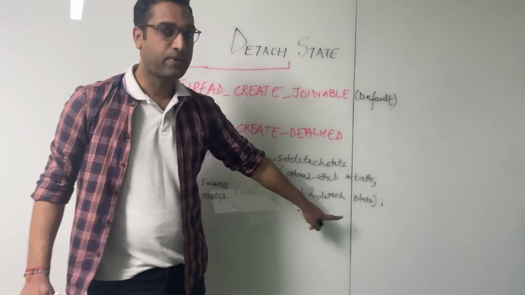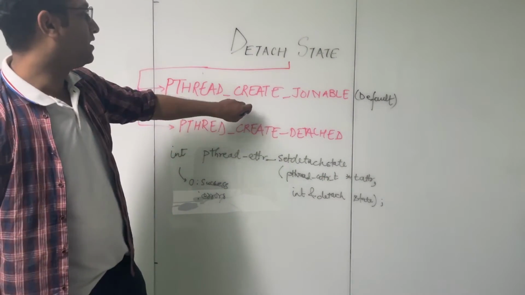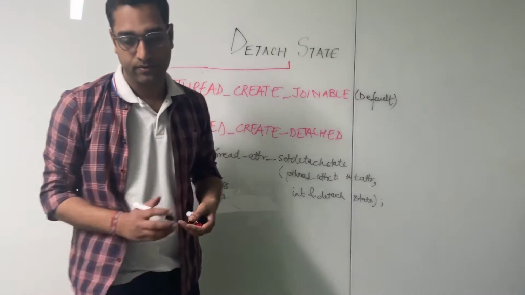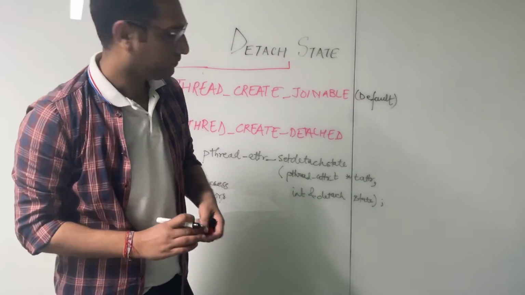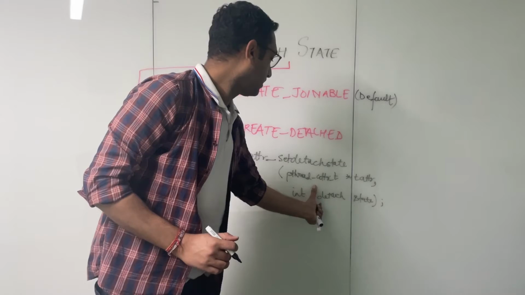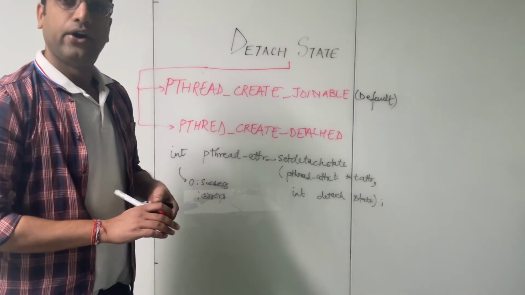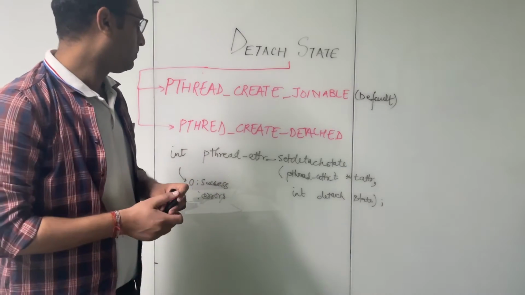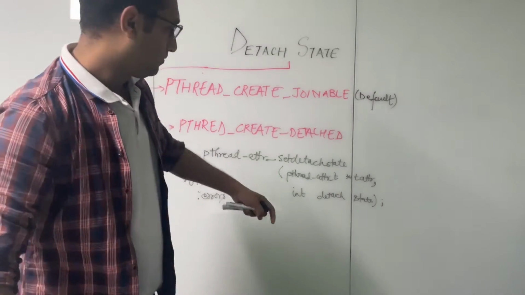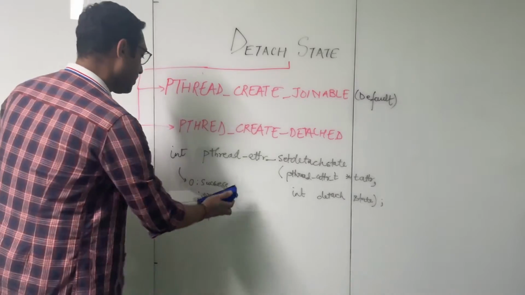So in here you can pass either one of these, pthread create joinable or pthread create detach. Usually it will be an int value, not a reference. Okay, so in that manner you can pass. I believe this is clear to everyone.